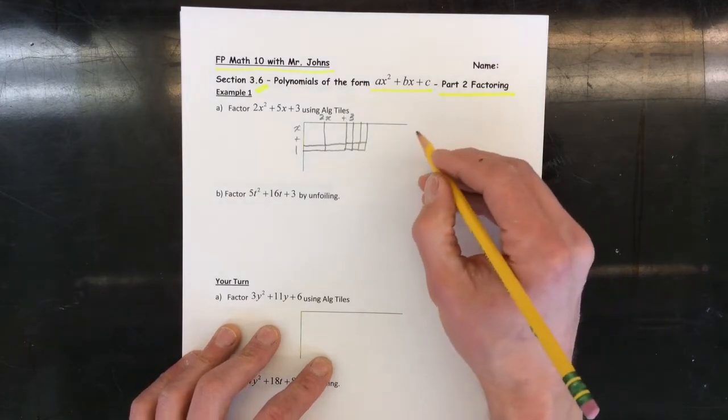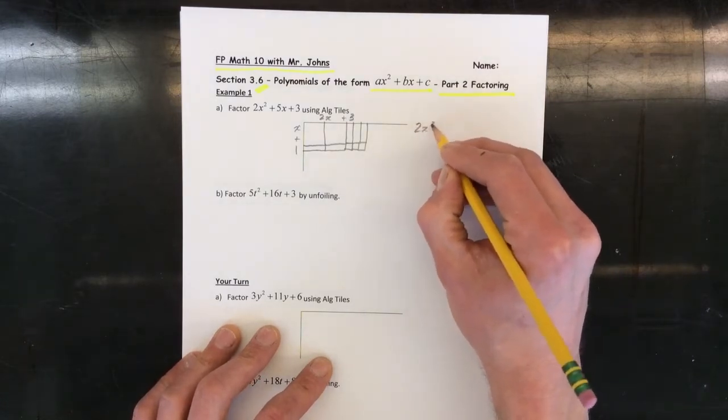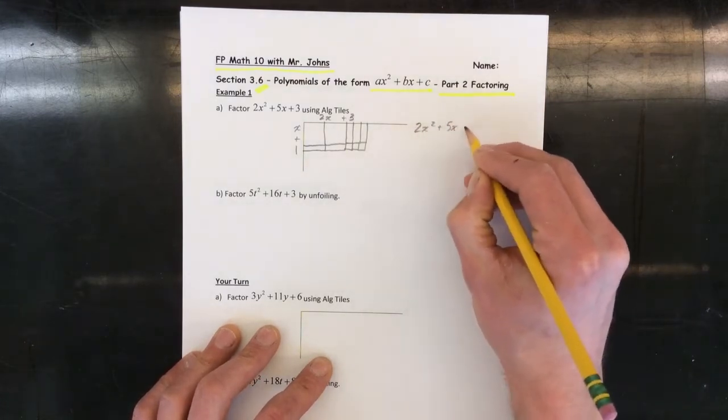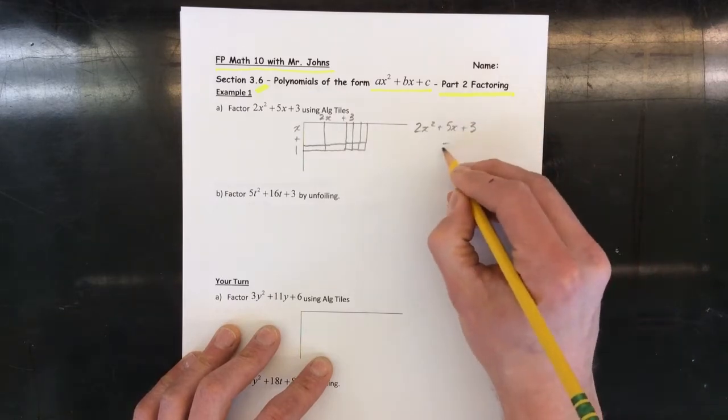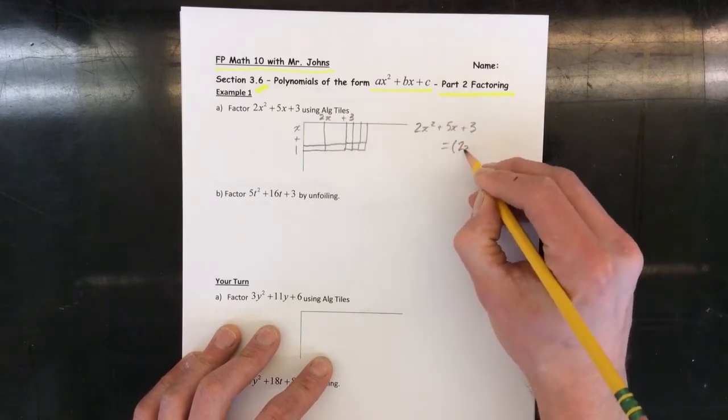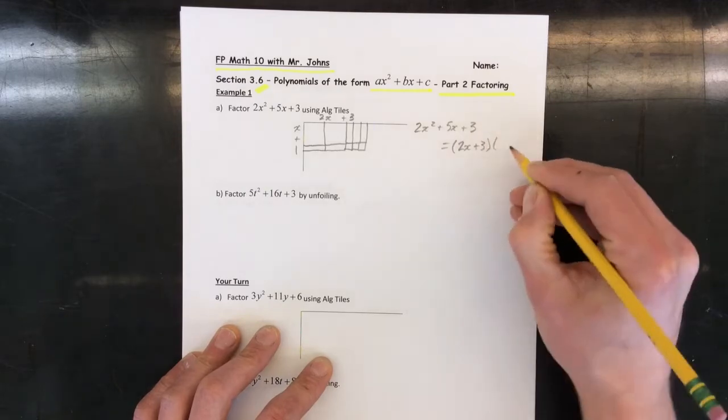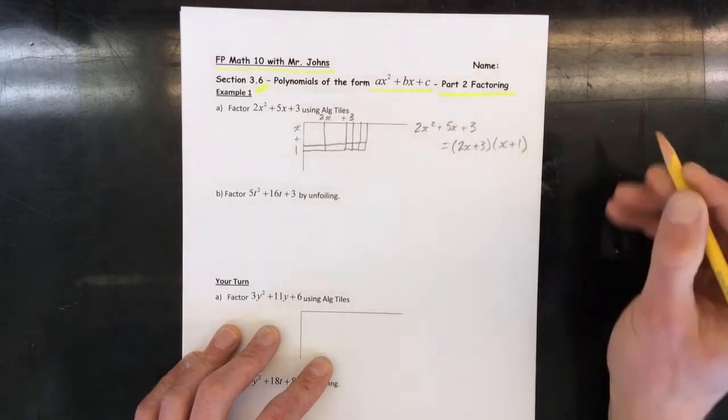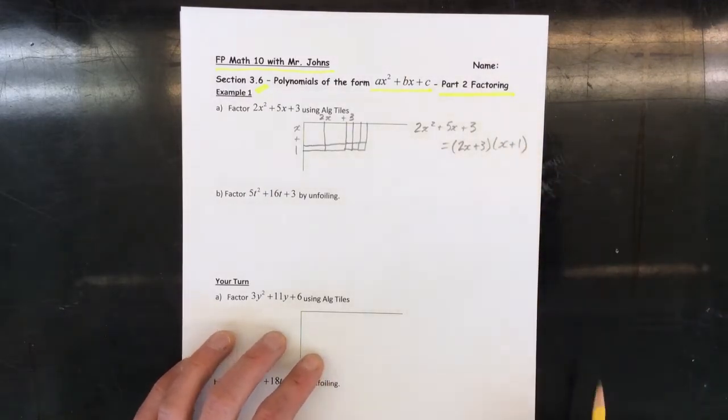So in theory, 2x squared plus 5x plus 3 equals 2x plus 3 times x plus 1. If you wanted to check, you could FOIL this.